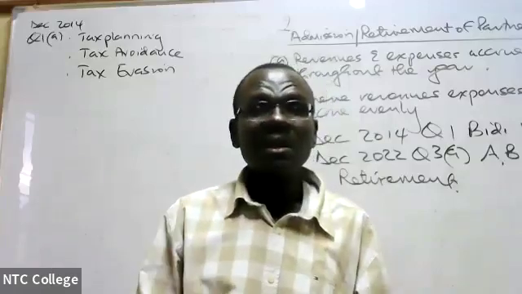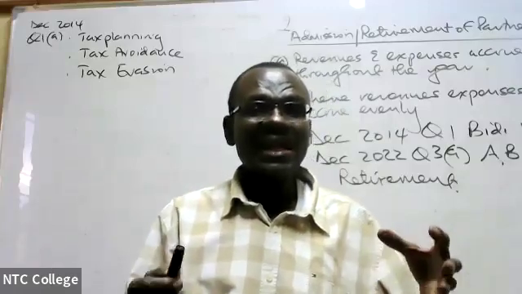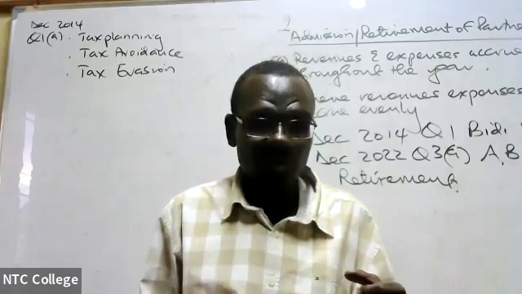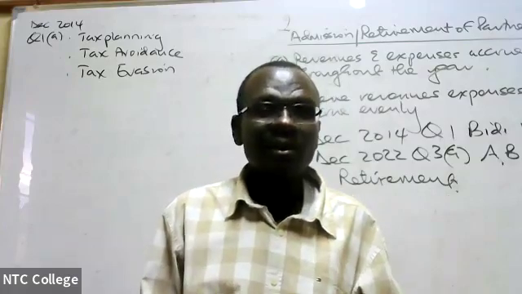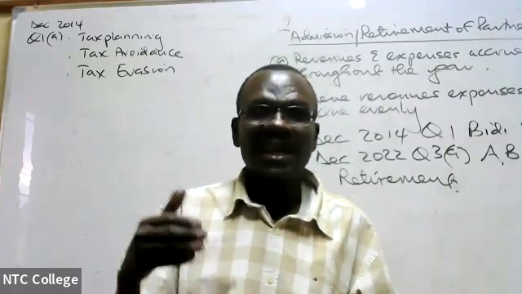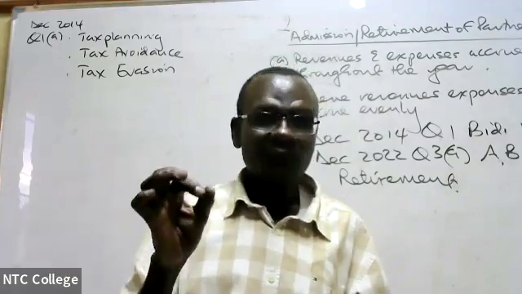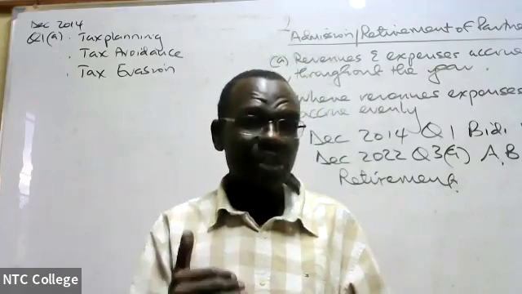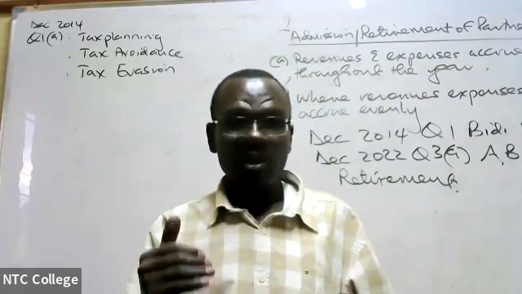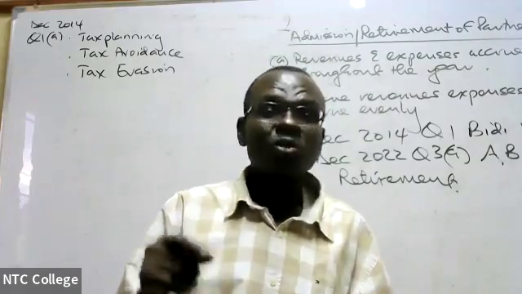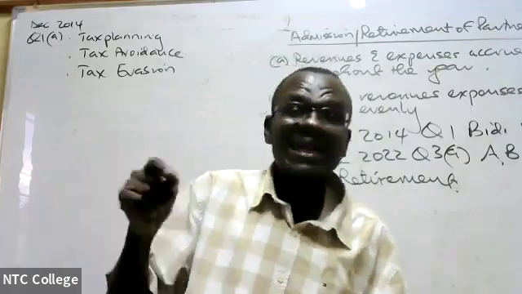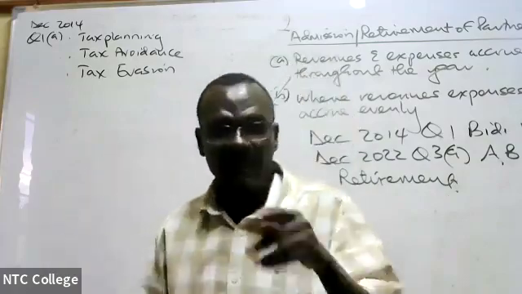It means the commissioner can easily reverse that transaction by bringing what we call an anti-avoidance provision. So in tax avoidance, you're still trying to reduce your burden or avoid tax, but you are taking advantage unduly of a law. Let me give you an example.